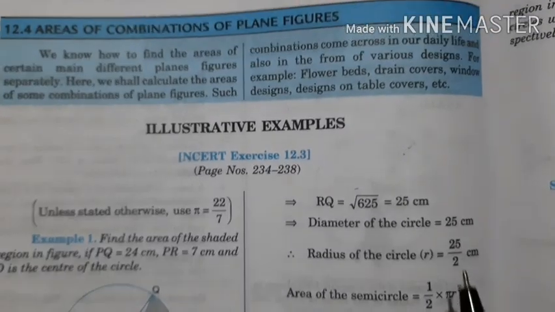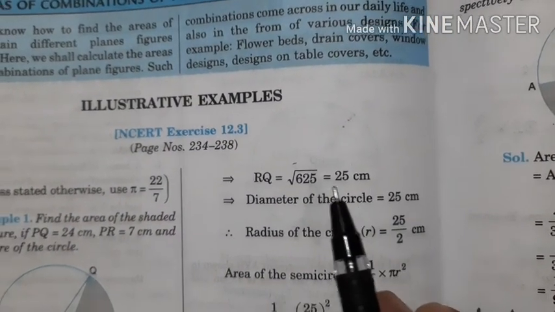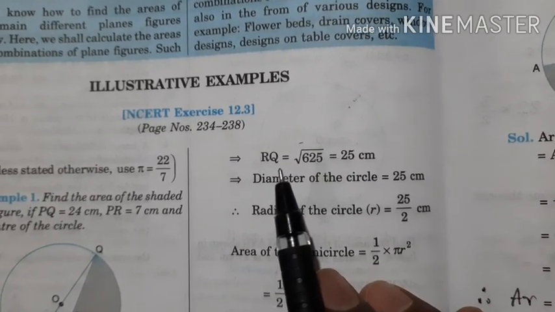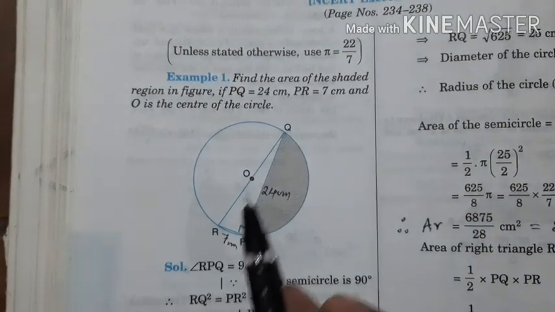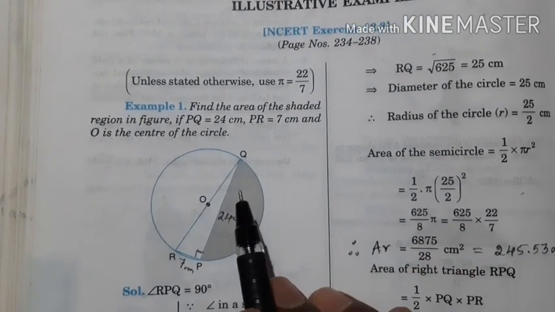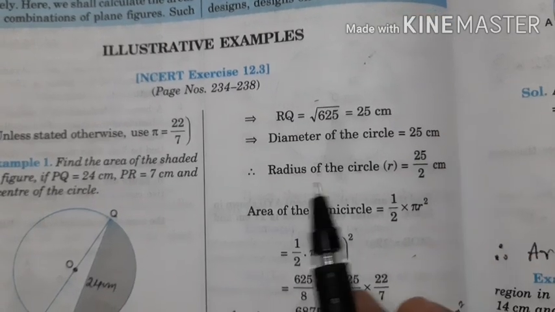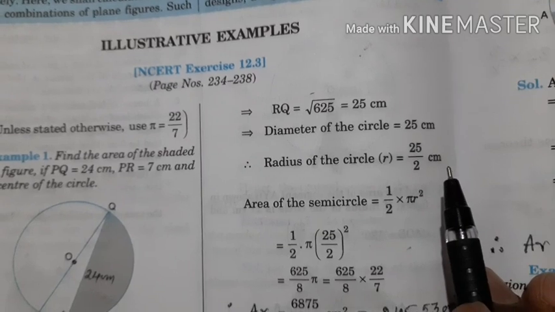The square root of 625 is 25 centimeter, and this is RQ. RQ is the diameter of the circle, and half of RQ is the radius. So, the diameter is 25 centimeter and the radius is 25 by 2 centimeter.